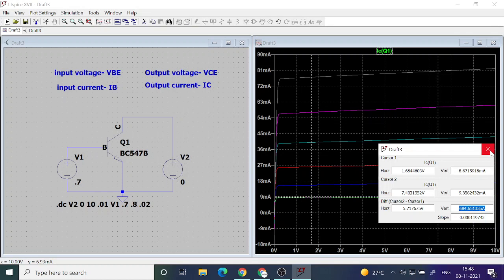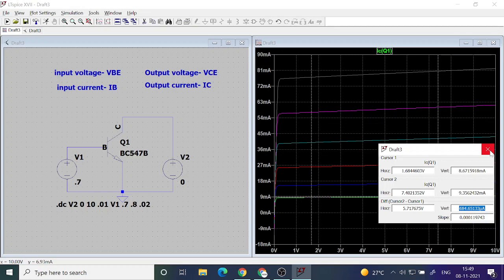So input resistance average value comes around 10 ohms, whereas the output resistance comes around 10 kilo ohms, which is 1000 times larger. So there is a large difference between the average input resistance and average output resistance.